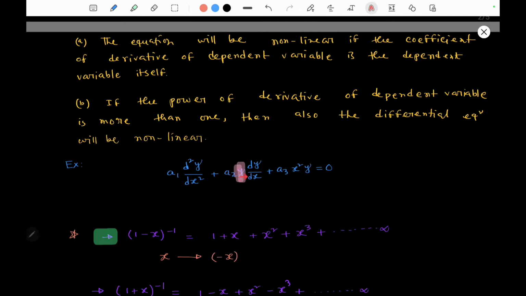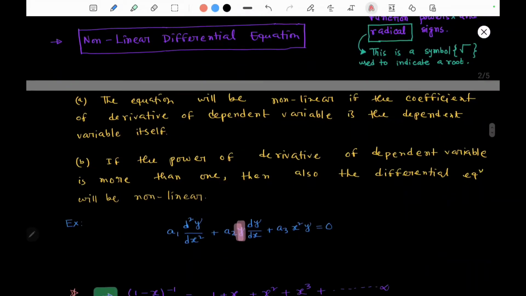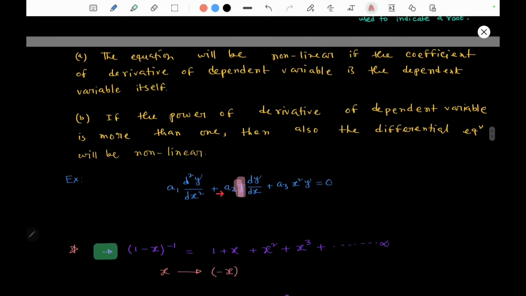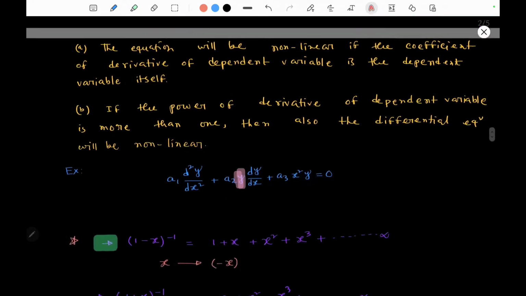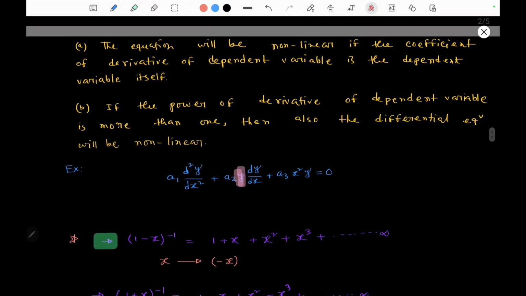So if even one derivative term has a dependent variable as its coefficient, it will be considered a nonlinear differential equation. It can be more, like this term can also have y in the beginning. Y is the dependent variable, so if a single derivative term has a dependent variable coefficient, it can be considered a nonlinear differential equation. We need not check the other terms.